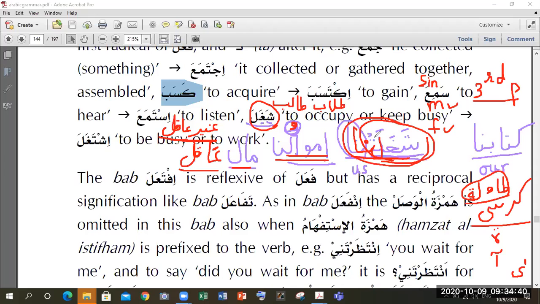But if I say my kursi kept me busy, then kursi is male or female? Male. So which gender will I use here? I will say shagala, third person singular masculine, kept us busy. I will say kursi shagalana. Our chair kept us busy, for example.